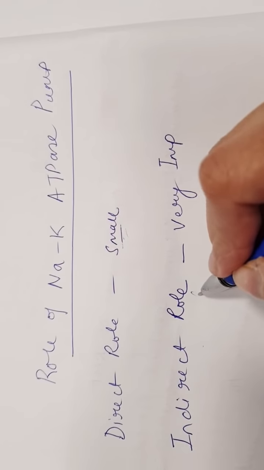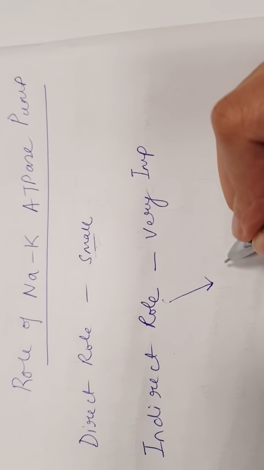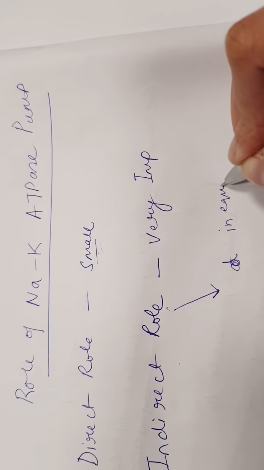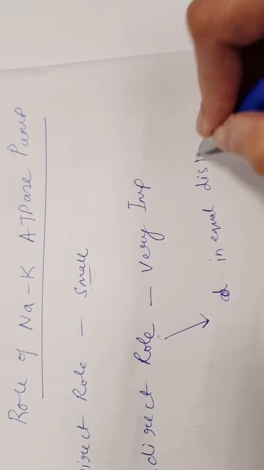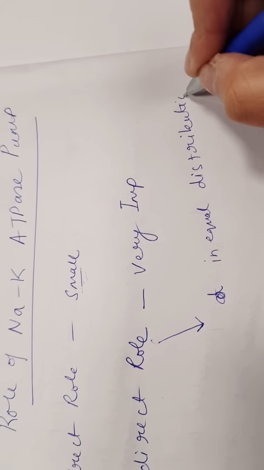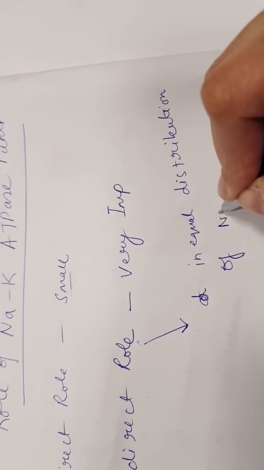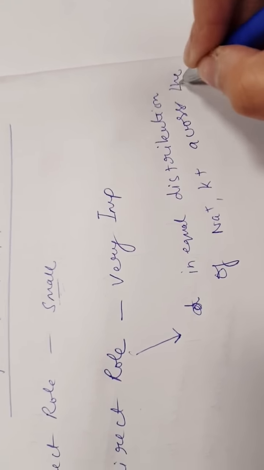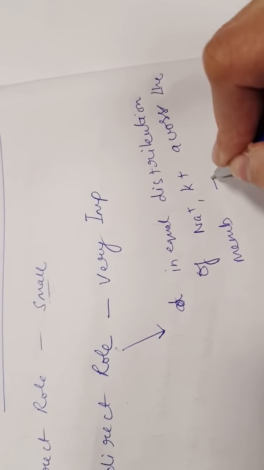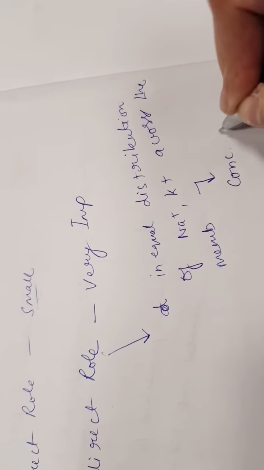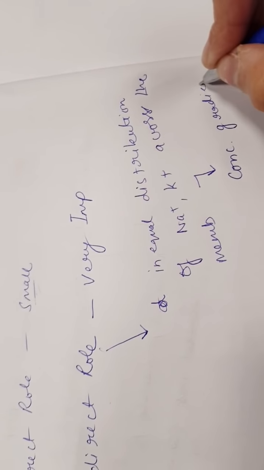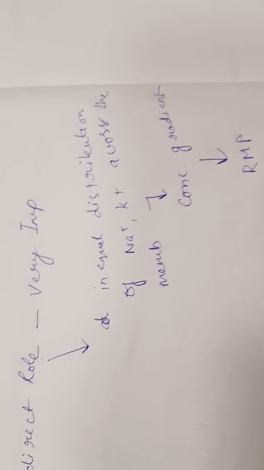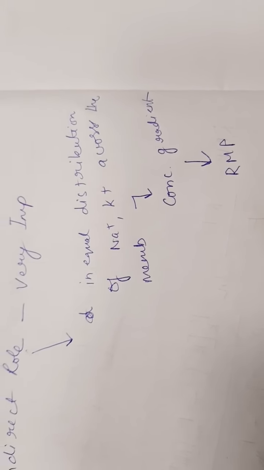So the main role is indirect, by which it creates an unequal distribution of sodium and potassium across the membrane. Thus, due to unequal distribution, a concentration gradient is present, and this helps in RMP generation. We have already seen why we get an RMP due to this concentration gradient.